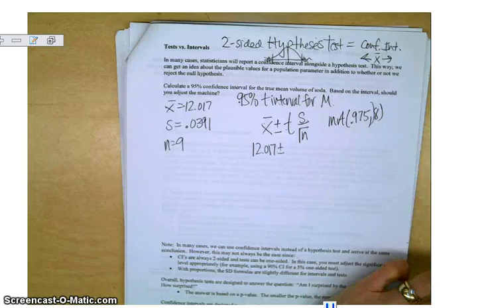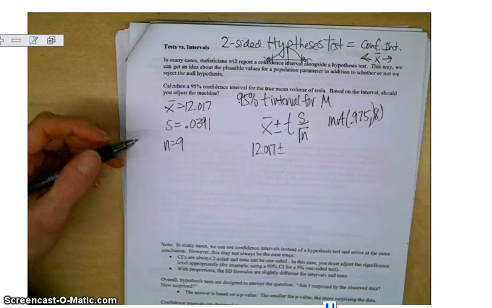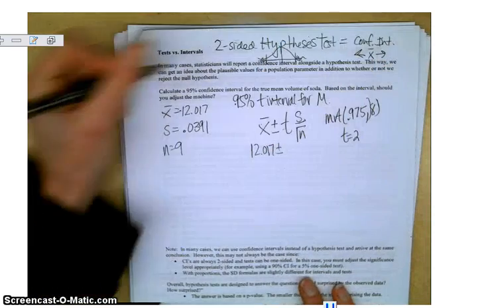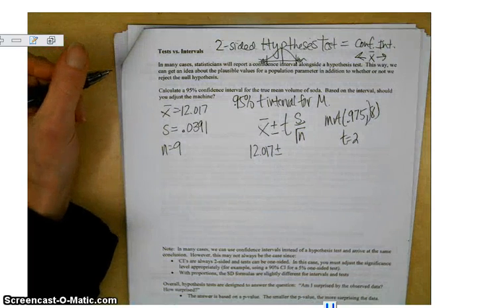So either way, I'm going to do inverse t, 0.975 with 8 degrees of freedom. And that's going to give me that t should be 2.306.